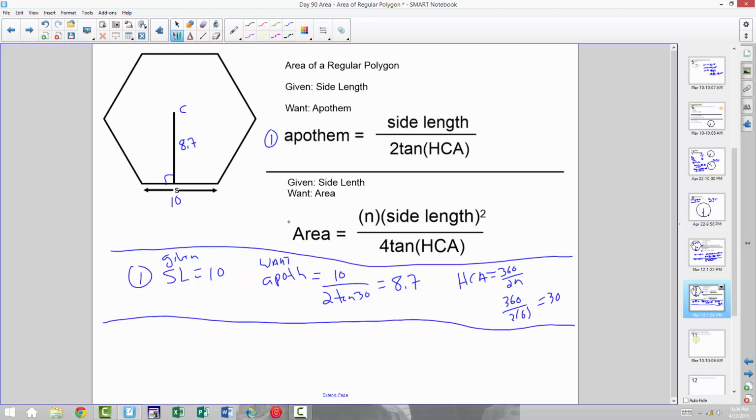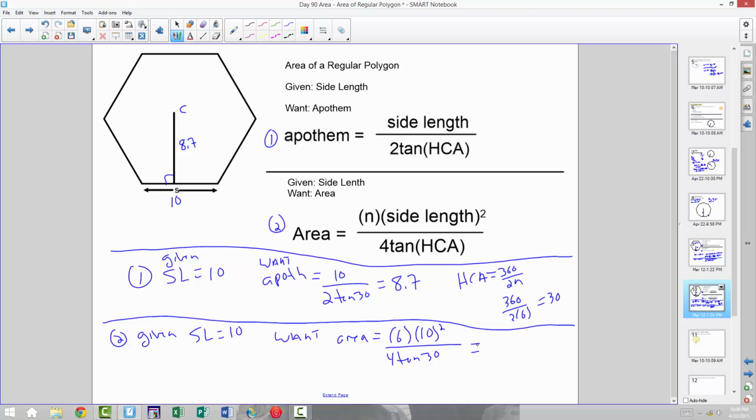So let's do an equation. Given side length 10, what's my area? If you're given your side length of 10 and you want the area, it's going to be the number of sides, 6, times my side length squared, so 10 squared, over 4 tan of the half central angle, 30.